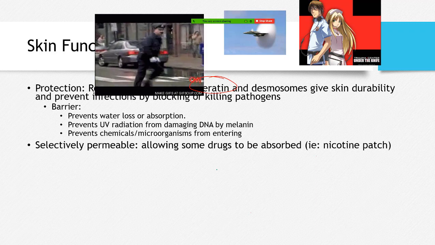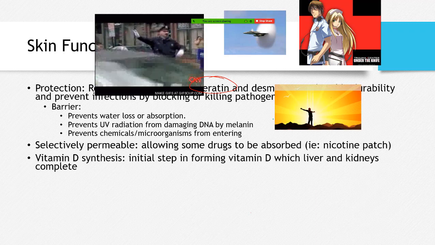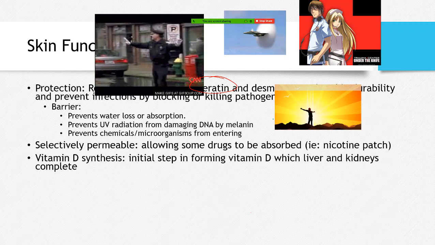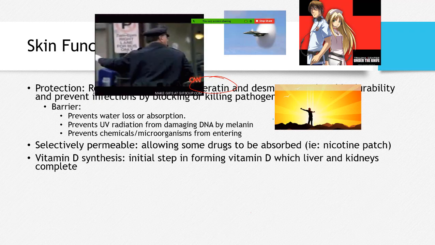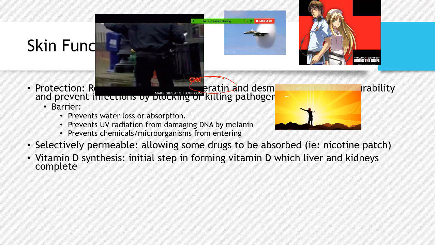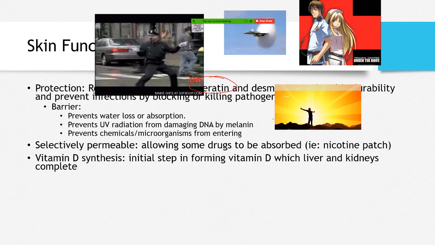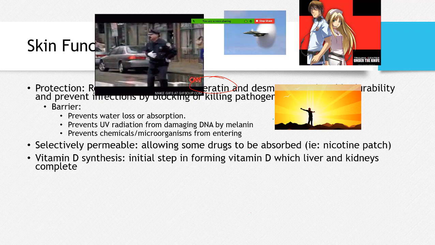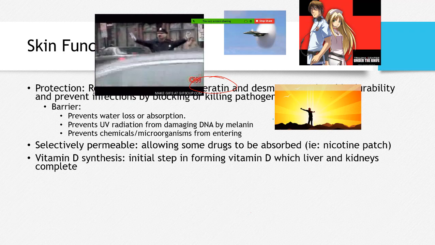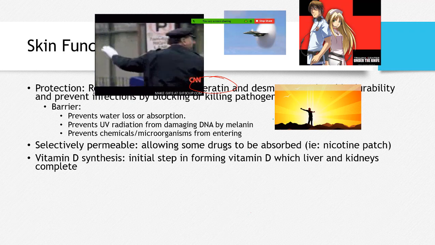So things like the nicotine patch can be absorbed through the skin. Another function of the skin is to make vitamin D. It does not make vitamin D directly. It's only the beginning stages of vitamin D that it starts off. And then it gives the byproducts to the liver to continue the process, eventually to the kidney, and that's where it actually makes vitamin D.